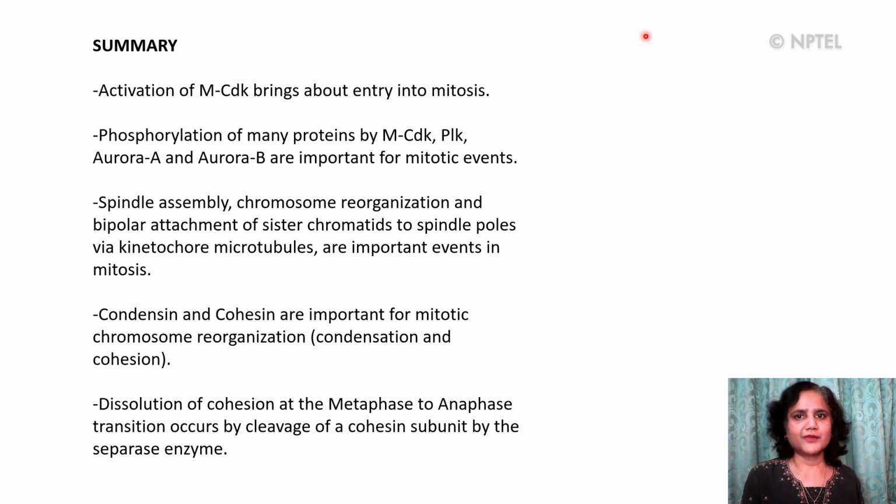Condensin and cohesin are important for mitotic chromosome reorganization, such as condensation and cohesion. The dissolution of cohesion at the metaphase to anaphase transition occurs by cleavage of a cohesin subunit by the separase enzyme, followed by separation of chromosomes, their movement to the poles in telophase, and then decondensation, which is followed by cytokinesis to produce two daughter cells.